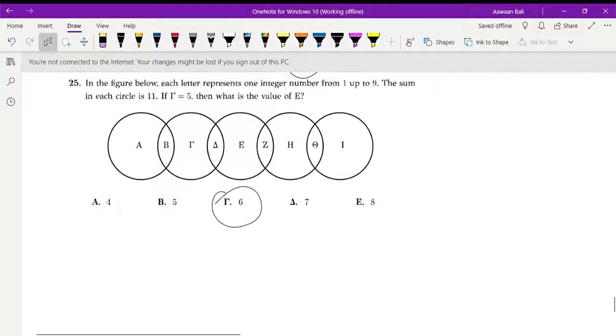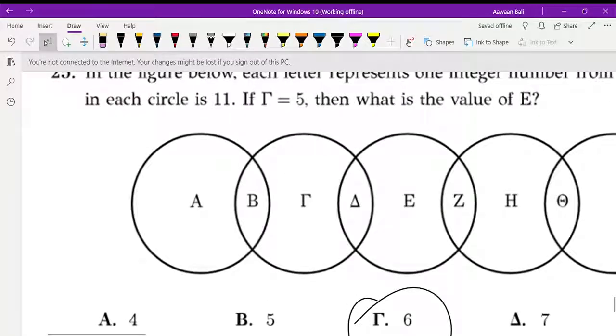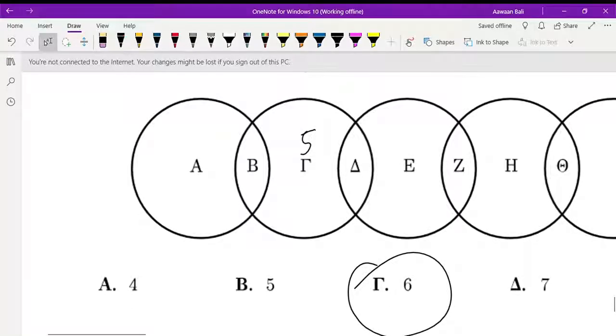Now the last question. It says in the figure below, each letter represents one integer number from 1 up to 9. The sum in each circle is 11. If gamma has 5, then what's the value of E? So gamma has 5, which means the sum of beta and delta here will be 6.